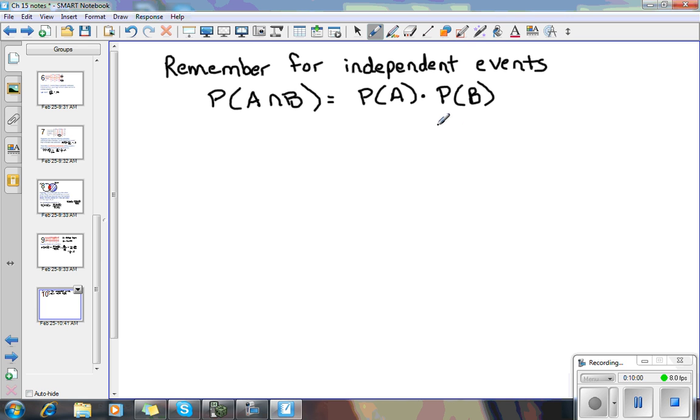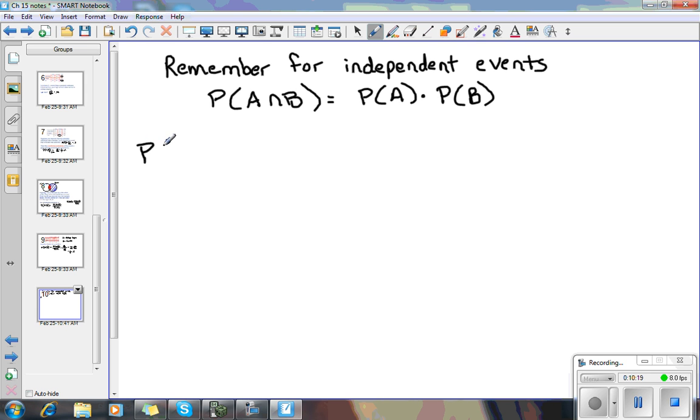The probability of getting three 6s, and we said they were independent events, so we were able to do 1/6 times 1/6 times 1/6. So if the events are independent, and you want to know the probability of A and B, then you can multiply those together.